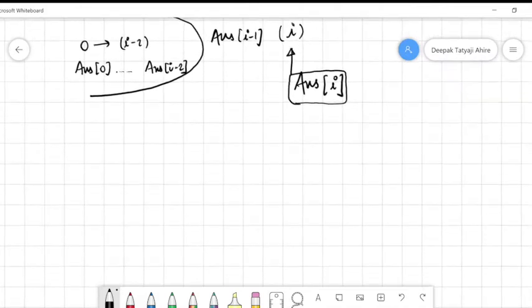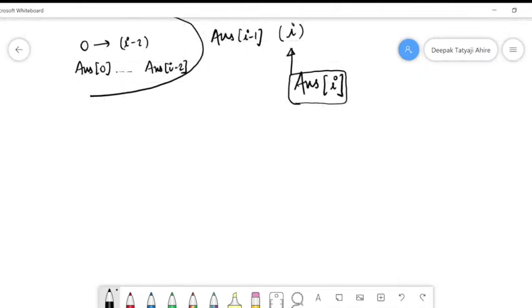So now what I can figure out is my ANS, or answer at index I, is dependent on two values, that is ANS of I minus 2 and ANS of I minus 1.